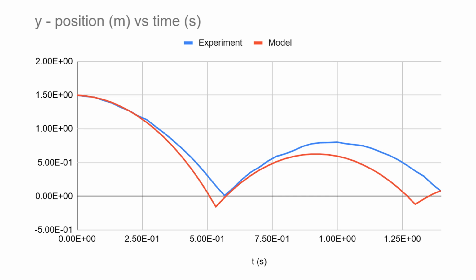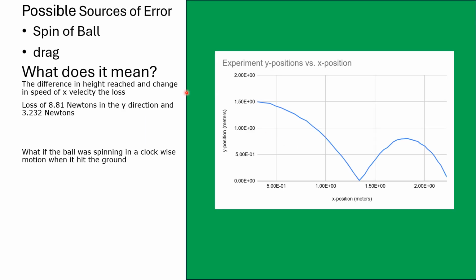Another possible source of error is the spin of the ball. When the ball hits the ground, it loses energy from friction, which changes it into internal rotation. And if the ball is already spinning when it hits, it won't exactly lose the perfect amount of energy. And also drag can change.